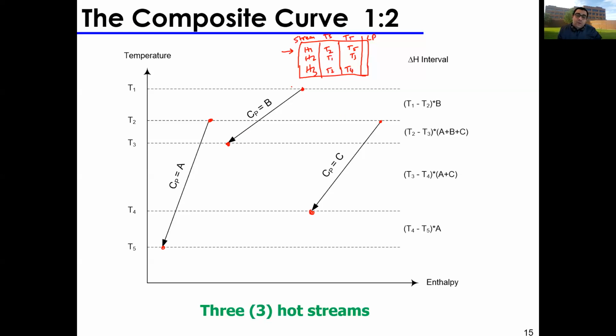So you need to draw 3 lines between these temperatures for each of these streams, and these lines need to have a slope, and the slope of these lines will be equal to your CP value, right? So from T1 to T3, CP in this case was B. From T2 to T5, CP was A, and from T2 to T4, CP was C.